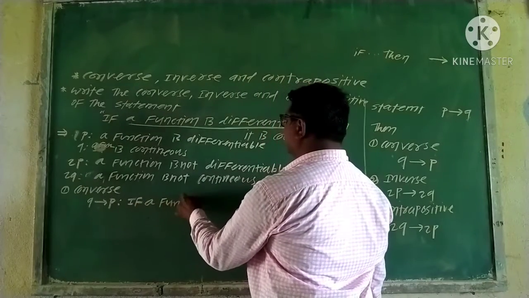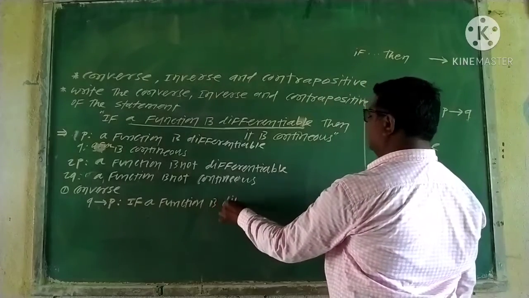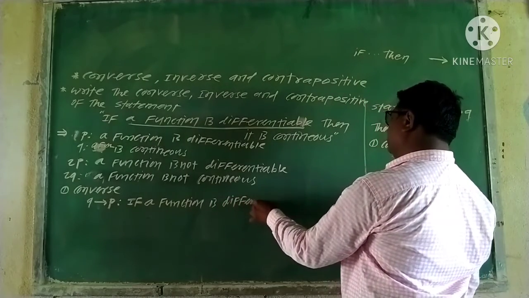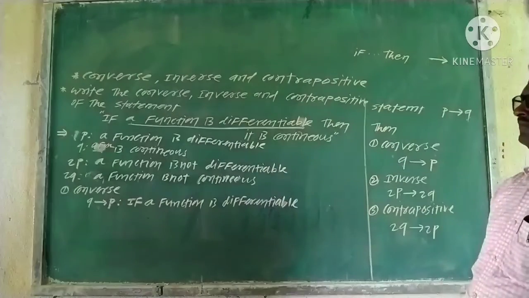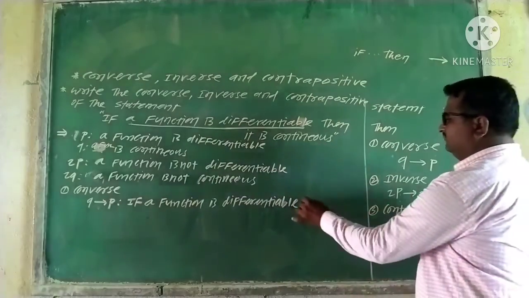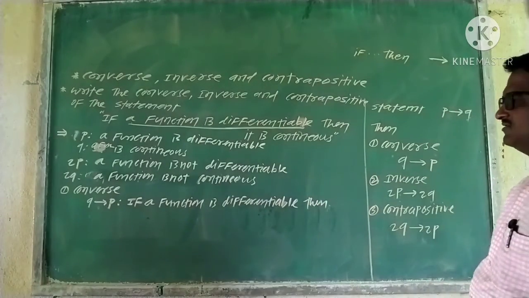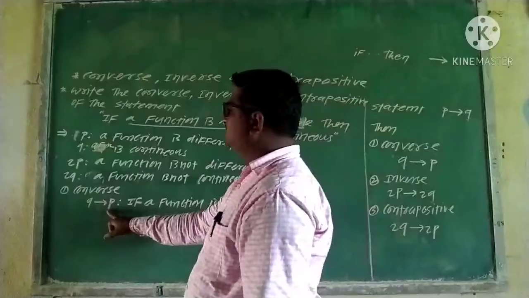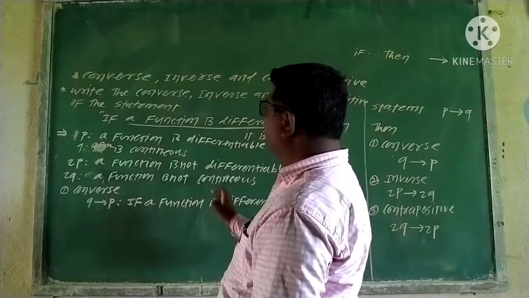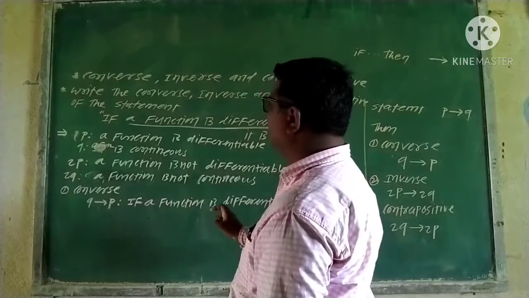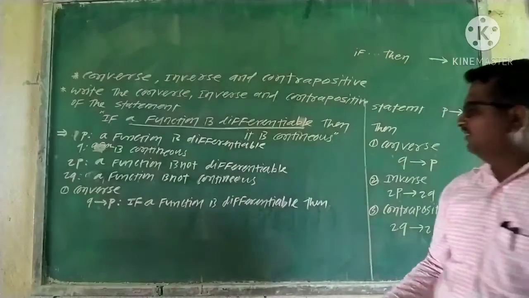If a function is continuous, then next comes statement P: a function is differentiable. Q implies P: if a function is continuous, then it is differentiable.